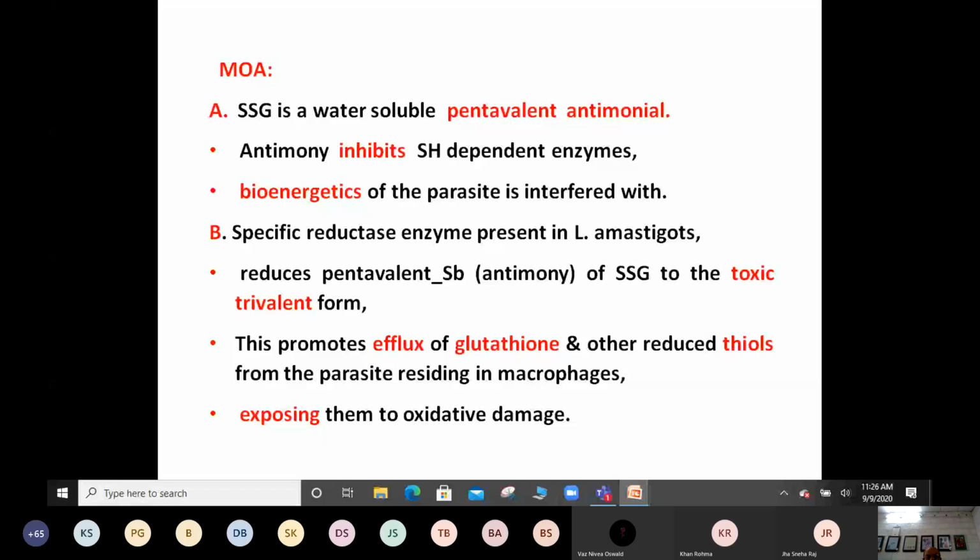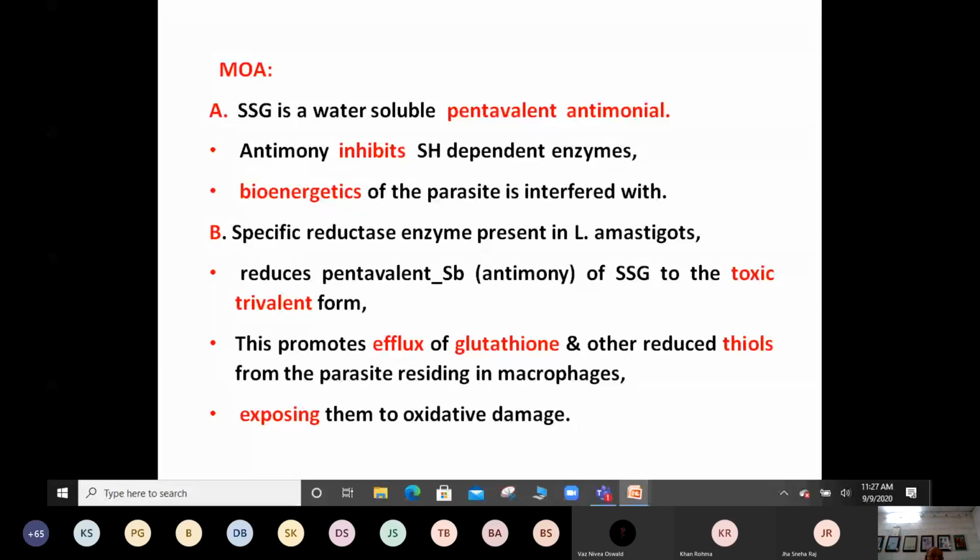Once glutathione and thiols are effluxed, that means they go out of the parasitic cell, and the parasite is exposed to the oxidative damage of the host mechanism.